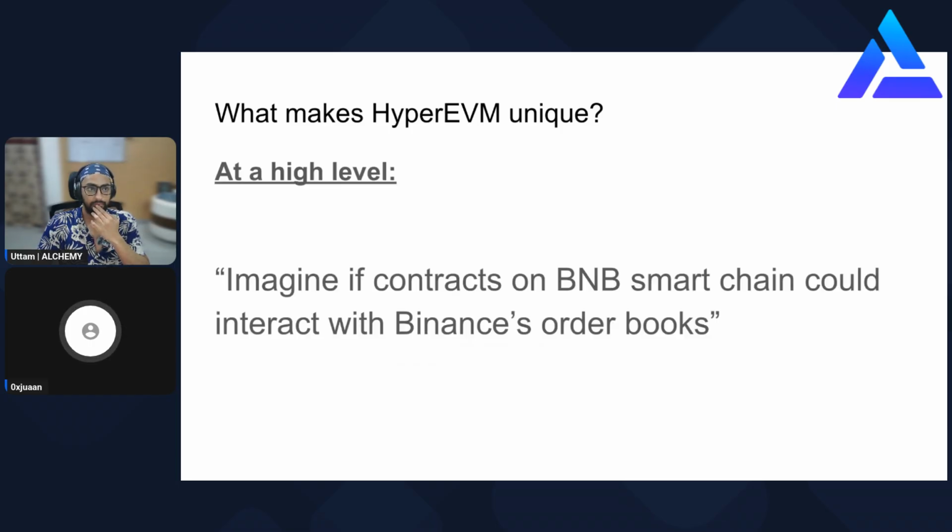So the overarching idea is, imagine if contracts on Binance Smart Chain could somehow be plugged into Binance's order books and read data from them, interact with them, and give builders the opportunity to build decentralized apps that can work with the deep liquidity that Binance has on their centralized exchange.